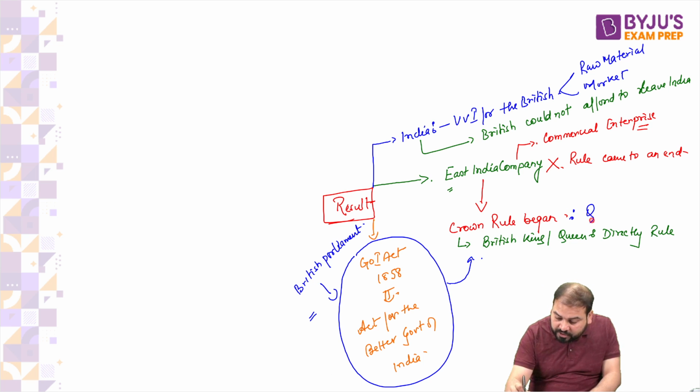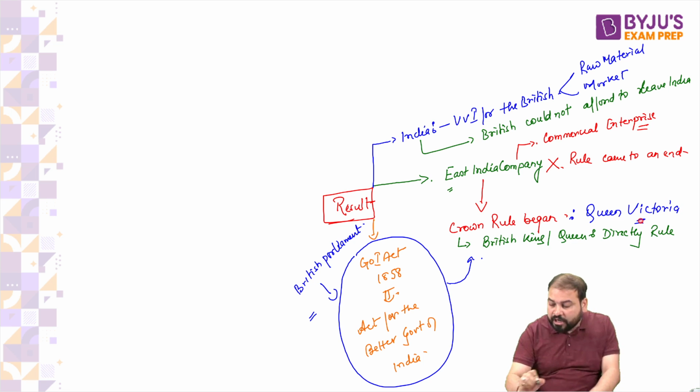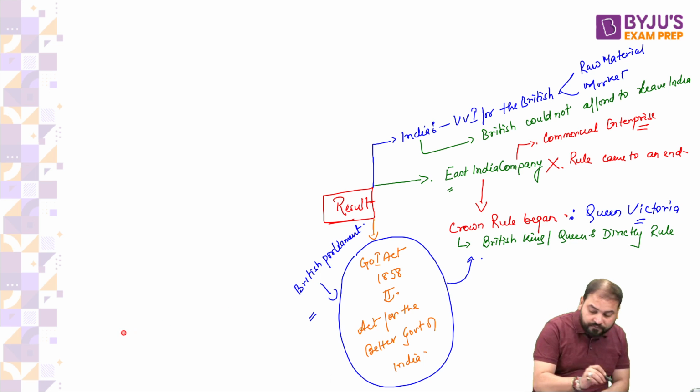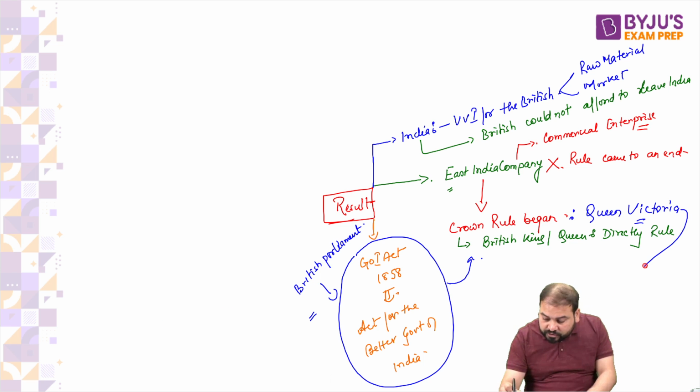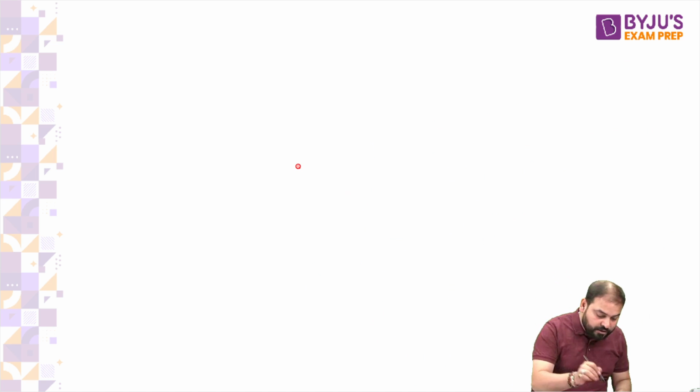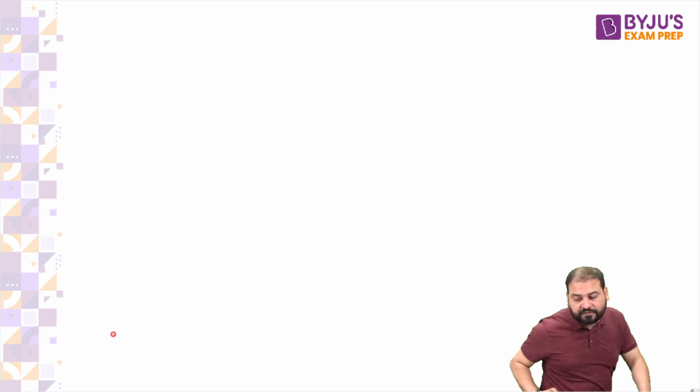At this moment, the Queen is Queen Victoria. Her rule started. Victoria made an announcement on 1st November 1858. I'm taking another slide, and this is a very, very important slide.